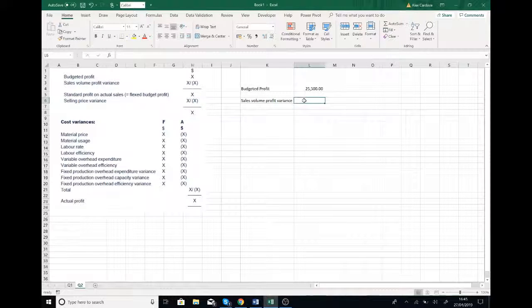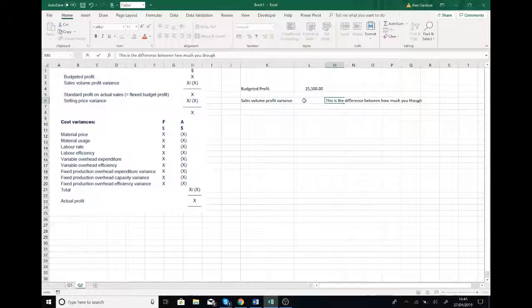So how your sales volume profit variance is worked out is simply this: it wants you to figure out the difference between how much you thought you would sell versus how much you actually sold.